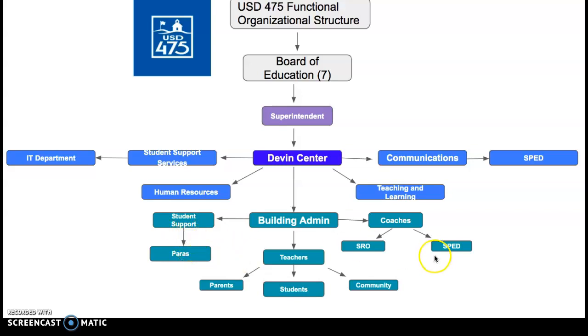This could have gone under SPED as well, but I felt like it better fit under just overall general student support because our paraeducators work directly with the students with one-on-one instruction based on what their IEP is in the classroom and what level of support they need in the classroom.